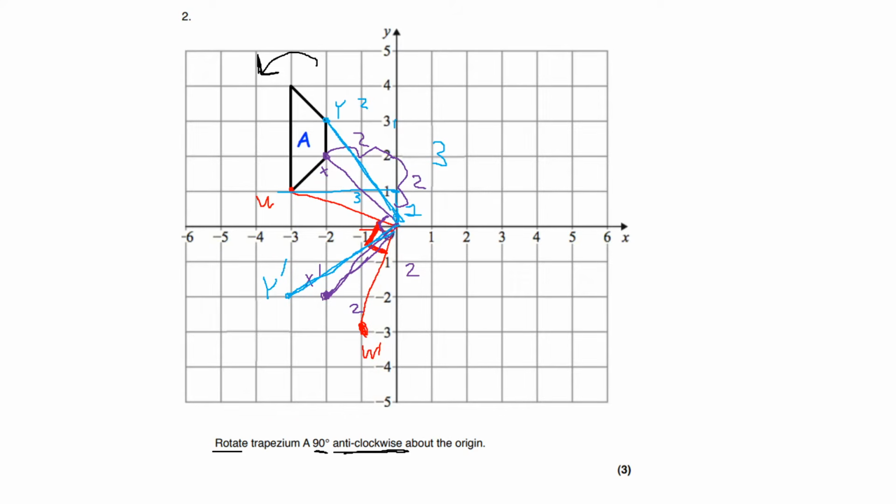And then for Z we need to go 3 across and 4 down to draw that line there. And once again, if this is 3 across and 4 down, this needs to be 4 across and 3 down in order to get Z prime. Let's connect the dots. And we'll label this one B.